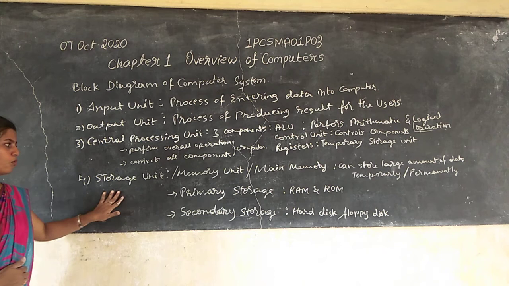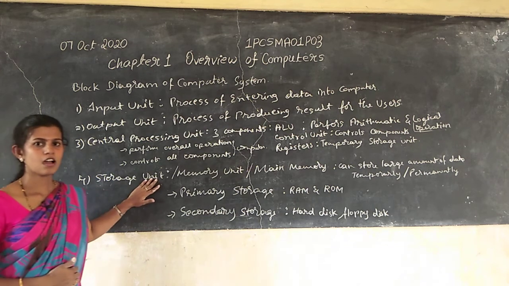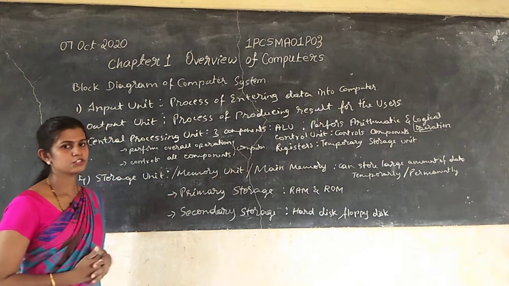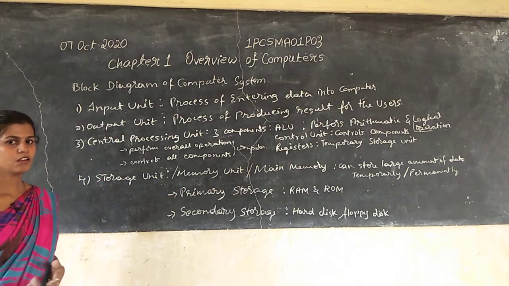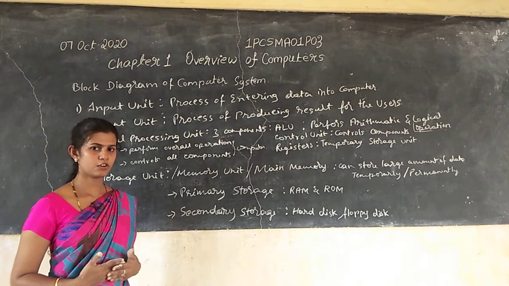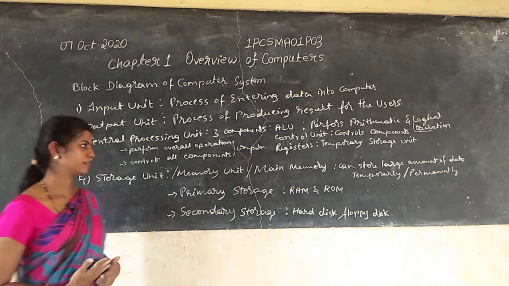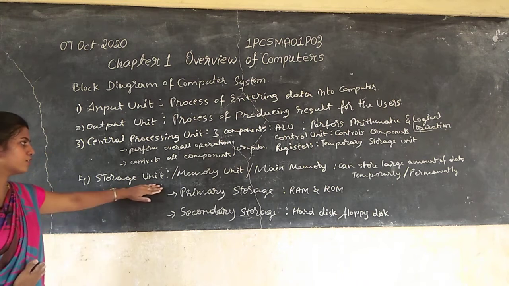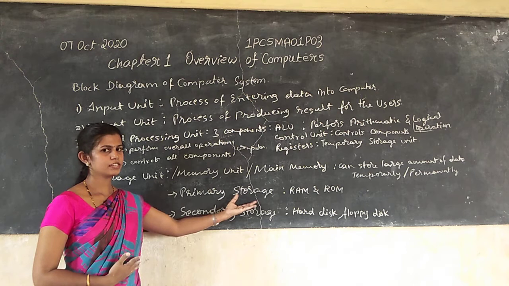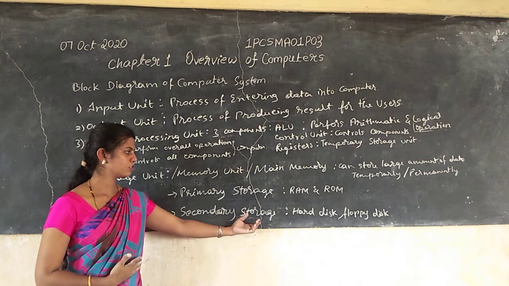Next is the storage unit. The storage unit is also called the memory unit, and it can store a large amount of data temporarily or permanently, depending on the user's requirements. This storage unit has sub units, primary storage and secondary storage.